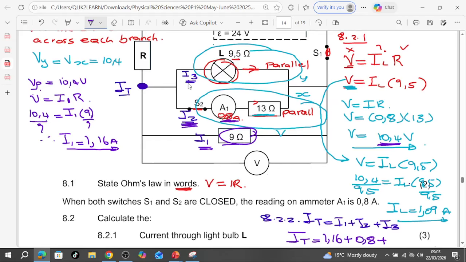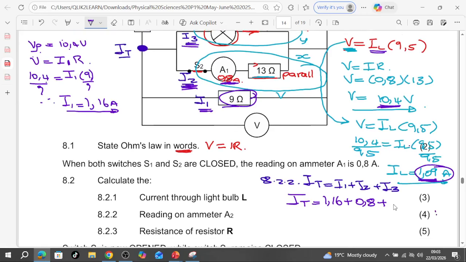Do we know what is I3? Yes, we do. We did calculate the current for the light bulb, and I think it was 1.09. I'm just going to substitute it and say this was 1.09. I think this one was an easy one. So when we add these three, what do you get on your calculator?